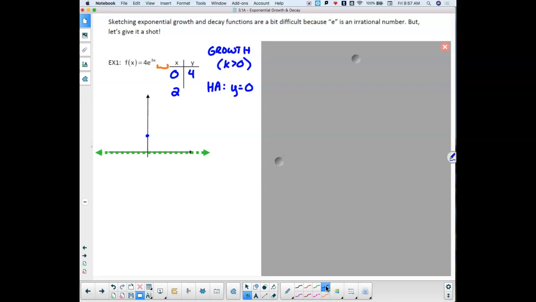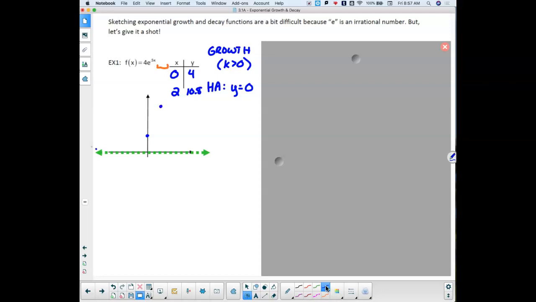So that gives me e to the first power, which is roughly 2.7. And 2.7 times 4 is what? 10.8-ish. We don't have to be exact. We can definitely go to a calculator if we wanted to be exact, but we're roughly in that 10.8-ish aspect of things. So that would be somewhere right in about there.